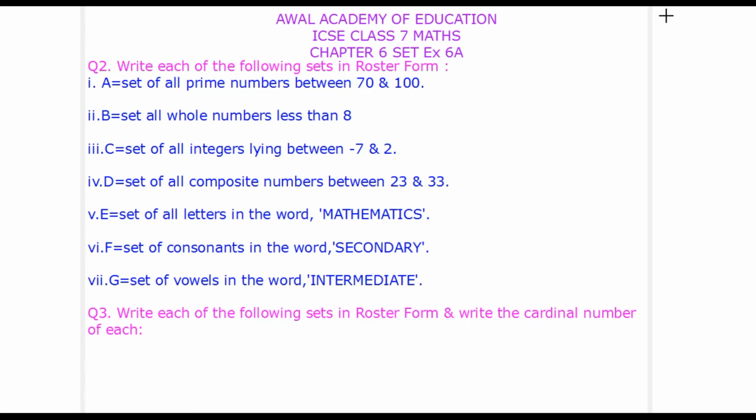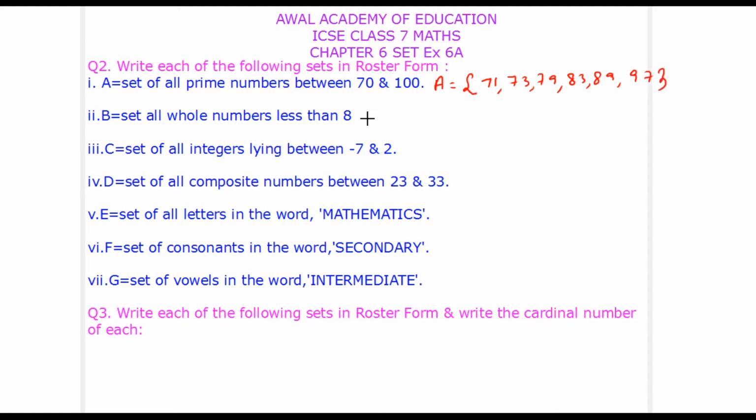We can write it as A equal to, within braces, prime numbers more than 70 and less than 100: 71, 73, 79, 83, 89 and 97. These are all the prime numbers.